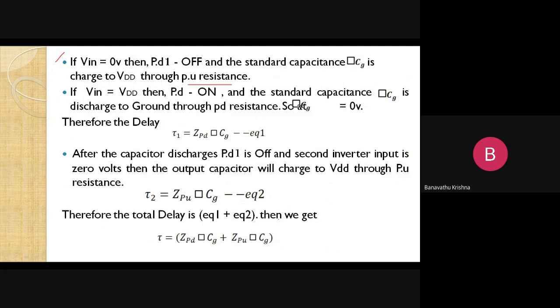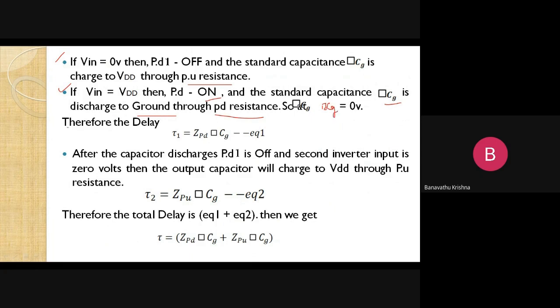Suppose I apply V input as VDD, then the pull down transistor is going to be on and the standard gate capacitance CG discharges to ground through the pull down transistor, that is the square CG, which is equal to 0 volts.